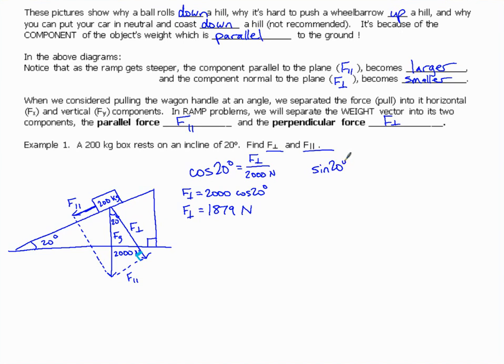The sine of 20 degrees equals the opposite side over the hypotenuse, which is 2,000. Force parallel is 2,000 times the sine of 20 degrees. And so this force is 684 newtons.